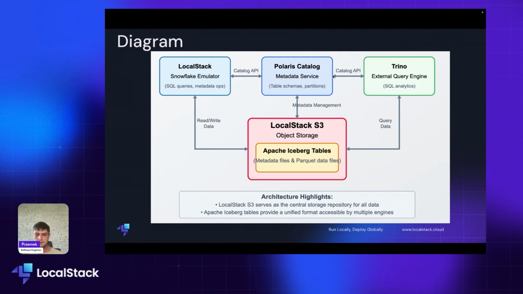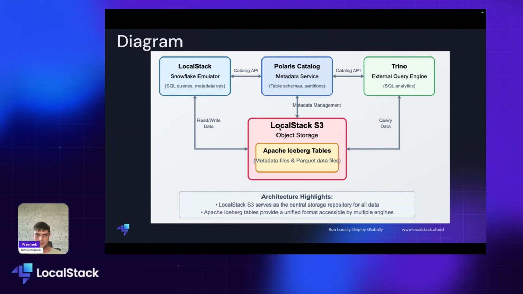Same for Trino, and LocalStack and Trino will talk to LocalStack S3 local object storage bucket to read and write data. And Polaris catalog will exchange the metadata, and we handle the metadata management between bucket and the catalog.